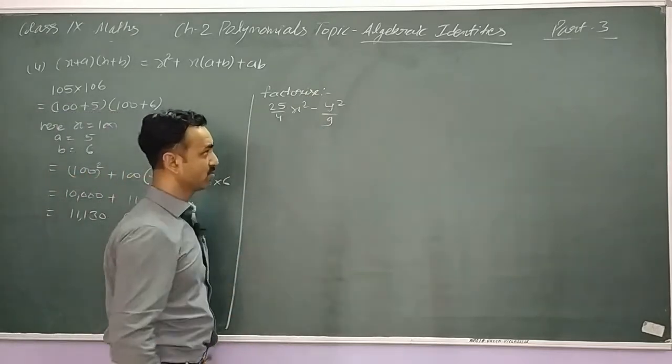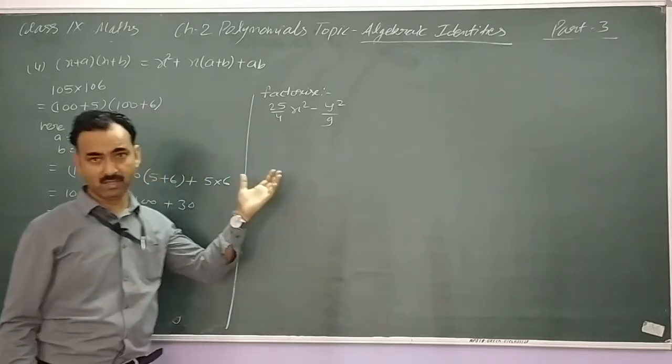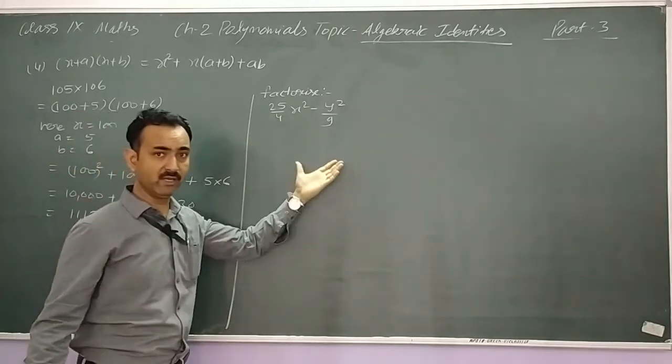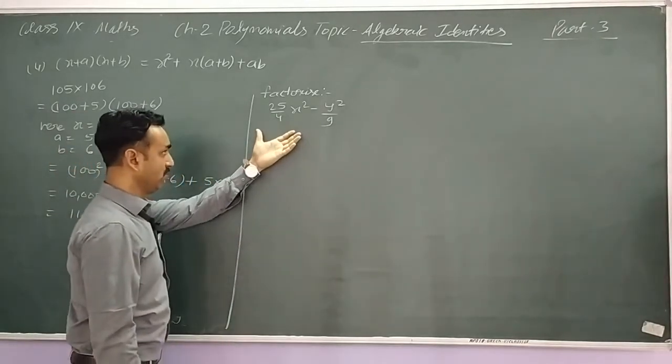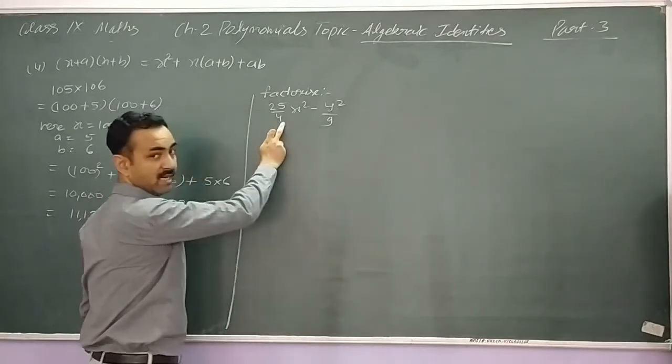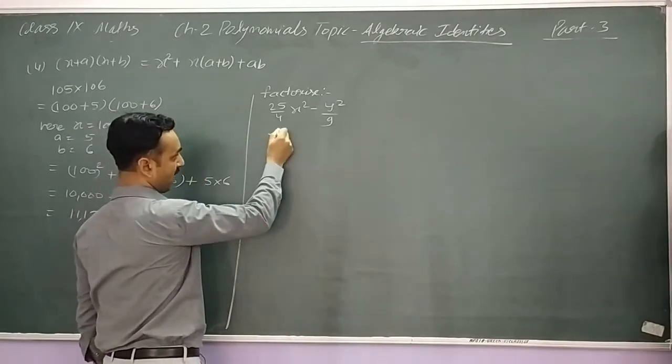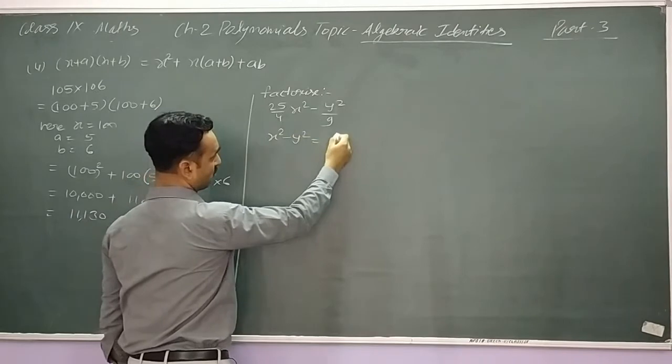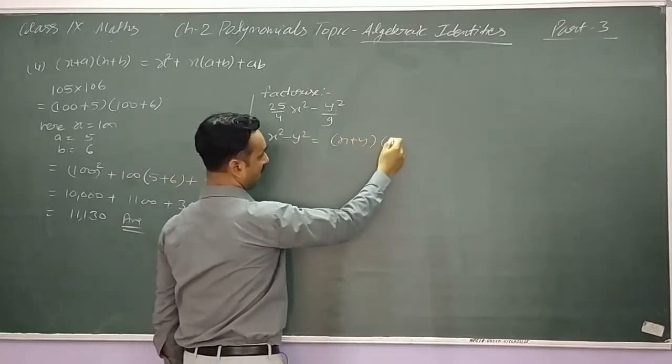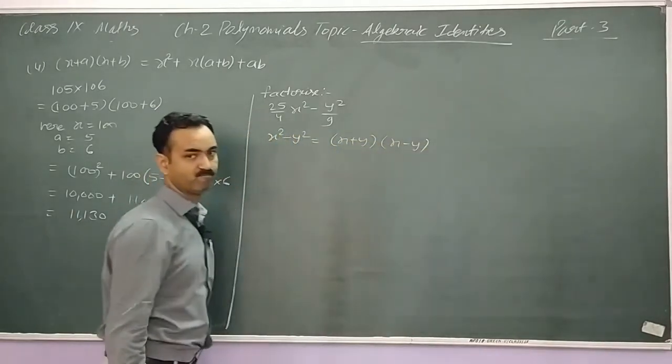So by observing this question, we can guess which identity we will use here. We will use the third identity, which is x² minus y² is equal to (x + y)(x − y).